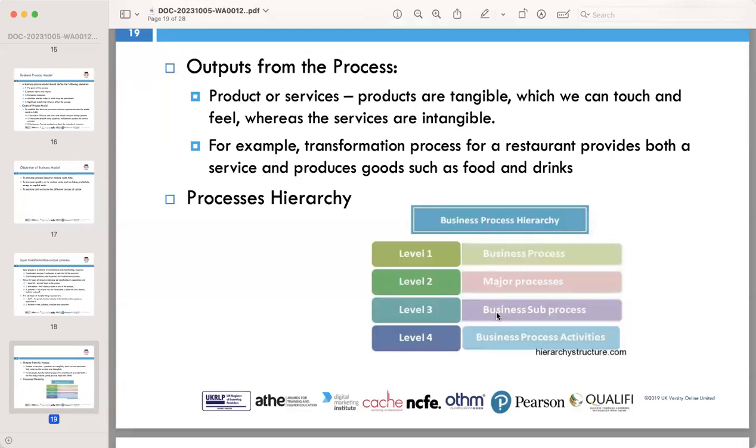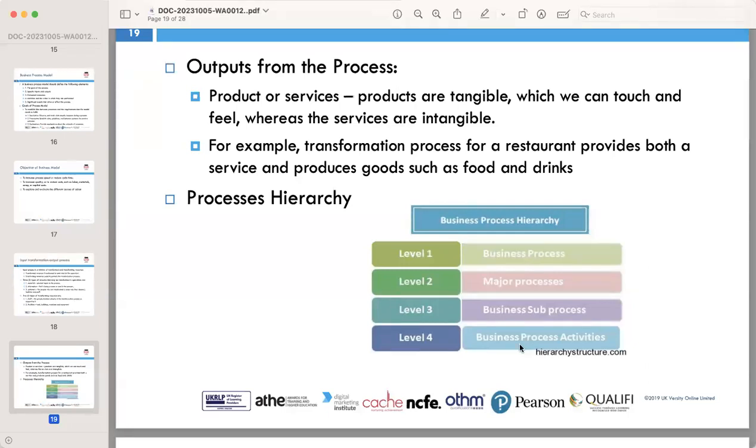Business sub processes: major processes are broken down further into more specific sub areas. You know, in the main area, then further small divisions, then smaller parts. And business process activities: this level involves detailed activities that make up the sub processes. These are the smallest units of work within the process.